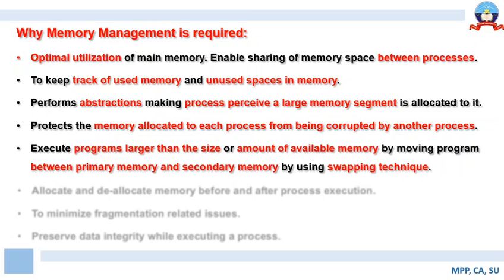So what does it enable? It enables a larger program to perform its execution. It executes programs larger than the size or amount of memory that is available by moving the program between primary memory and secondary memory using a swapping technique. Here we constantly swap the pages belonging to a process in and out of the main memory.